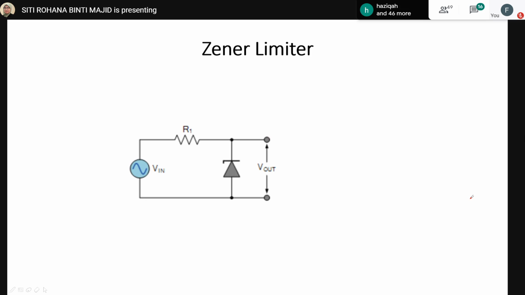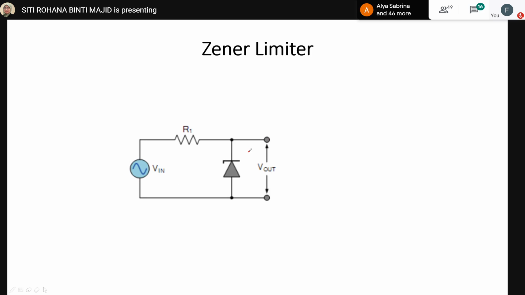This application is known as a clipper, and in some cases it is called a limiter, amplitude selector or slicer in electronics terms. The diagram of the Zener limiter or Zener clipper circuit is very simple: one Zener diode, a resistor, and a power supply.